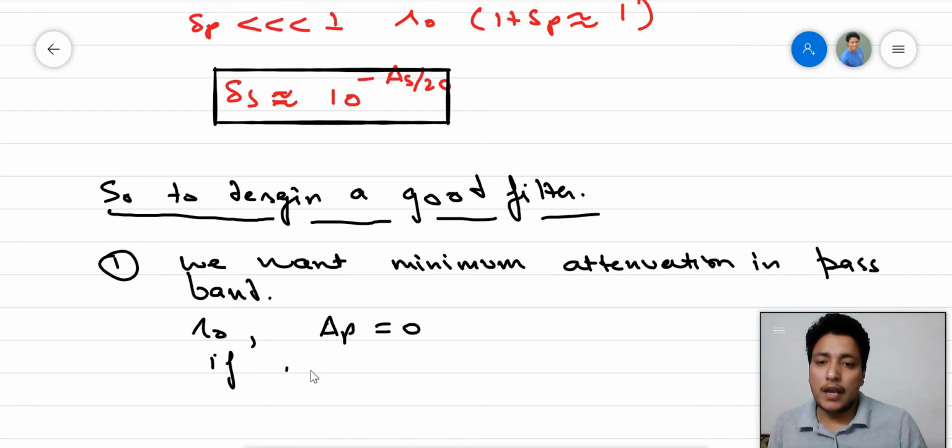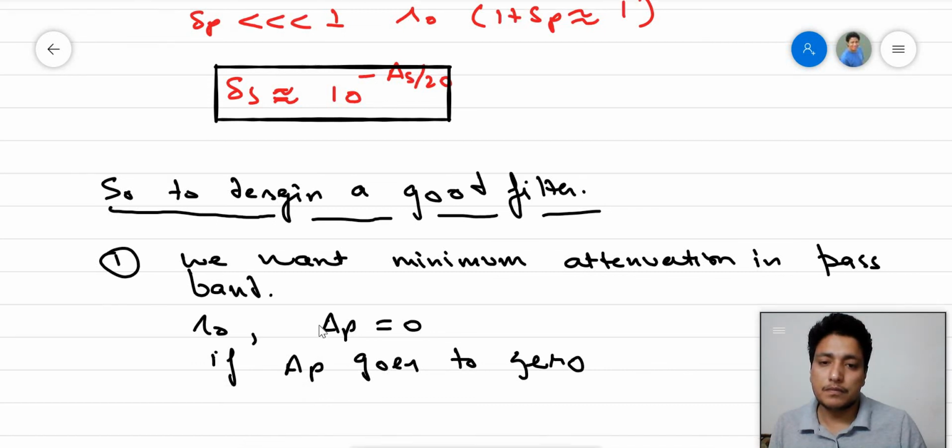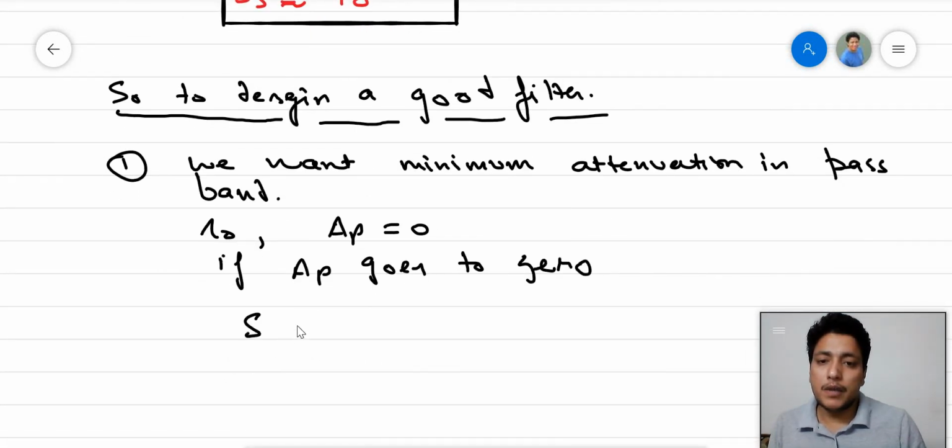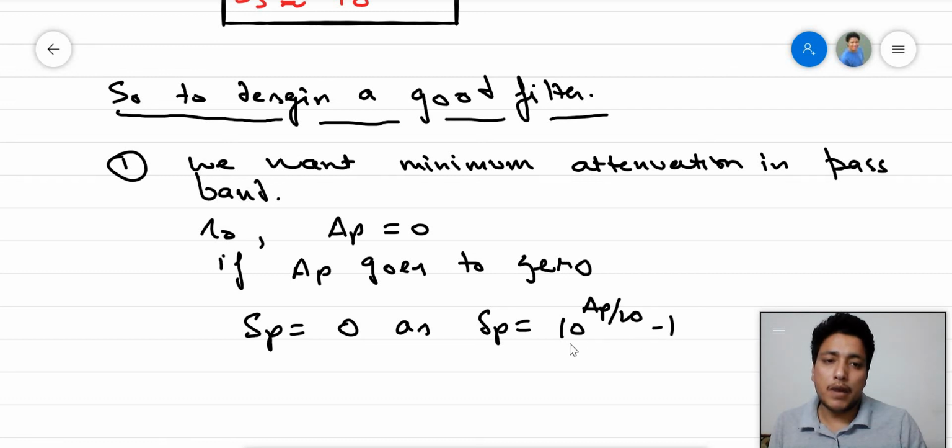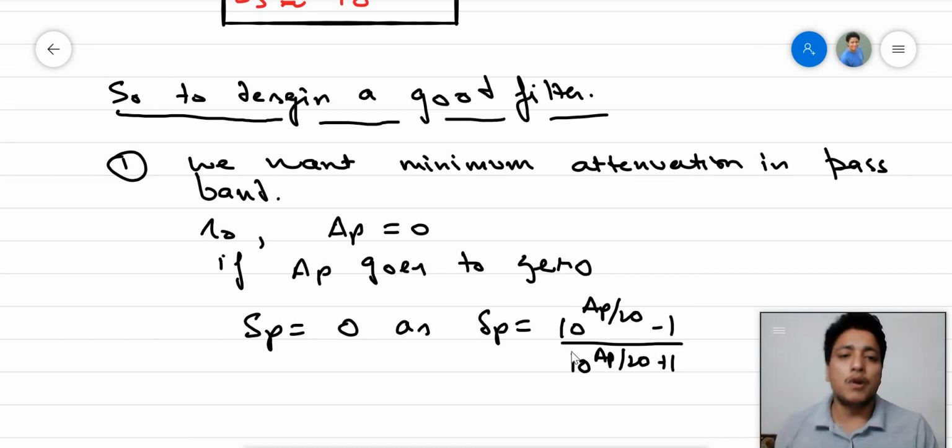If AP goes to 0, delta P also goes to 0, as delta P is equal to 10 to the power AP by 20 minus 1 over 10 to the power AP by 20 plus 1. For AP equal to 0, 10 to the power 0 will be equal to 1. 1 minus 1 will give delta P equal to 0. So this is the first case we want.